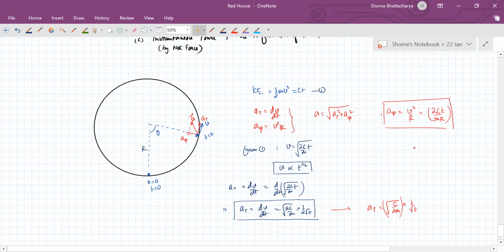So this and this will combine here. So it's this sort of a function.